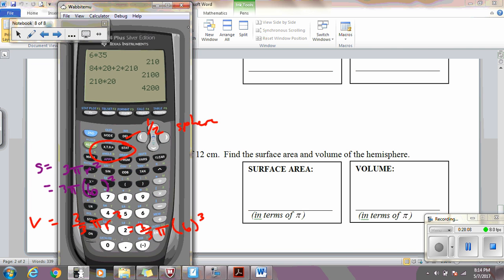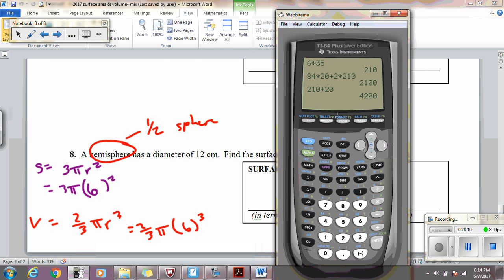Everything else is fine. So that's 3 times 6 squared for my surface area, and 2/3 times 6 cubed for my volume.